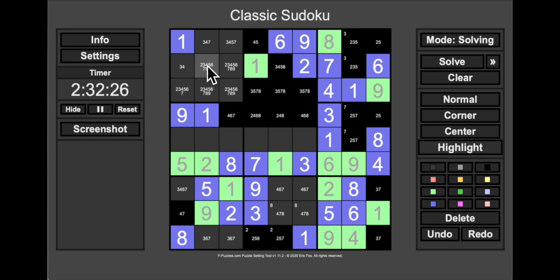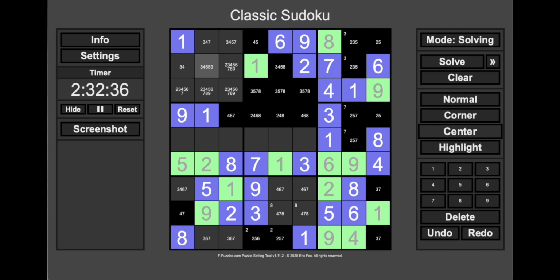Now this cell is not 2, 6, 7, or 5, or 9. So I have this as 3, 4, or 8.